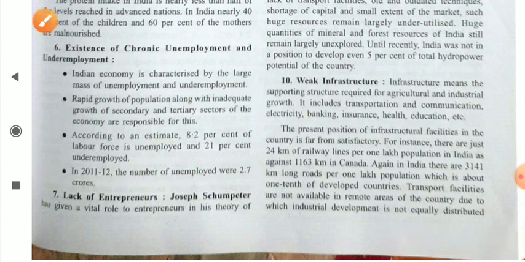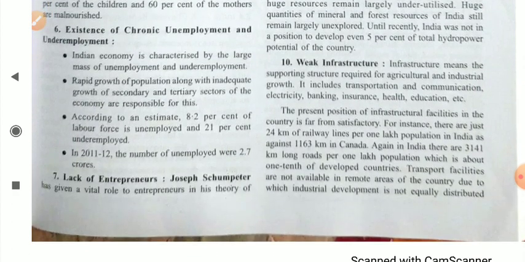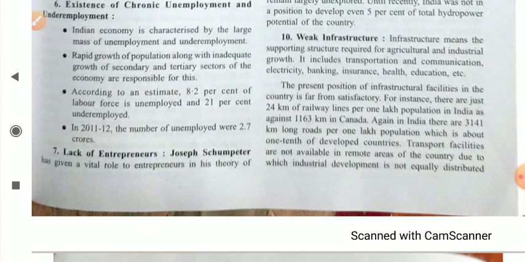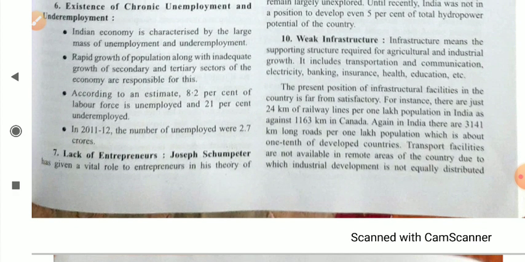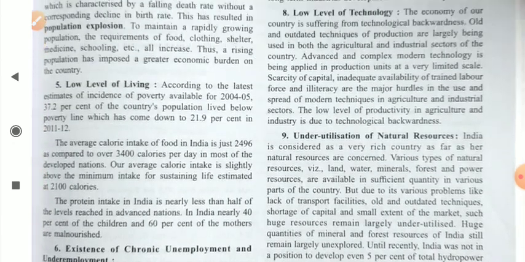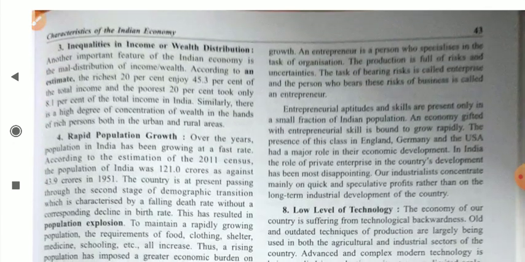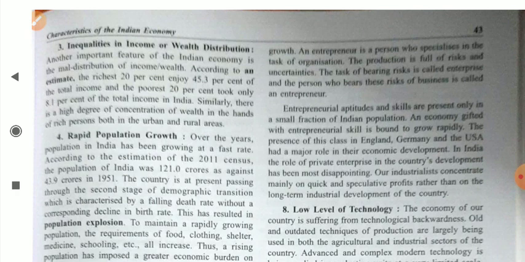Dear students, next is lack of entrepreneurs. According to Joseph Schumpeter, the entrepreneur has a vital role in his theory of growth. You all know about the entrepreneur. Who is an entrepreneur? A person who organizes, who manages, who has the specialized task to perform, who starts up and performs all the essential activities in an organization.